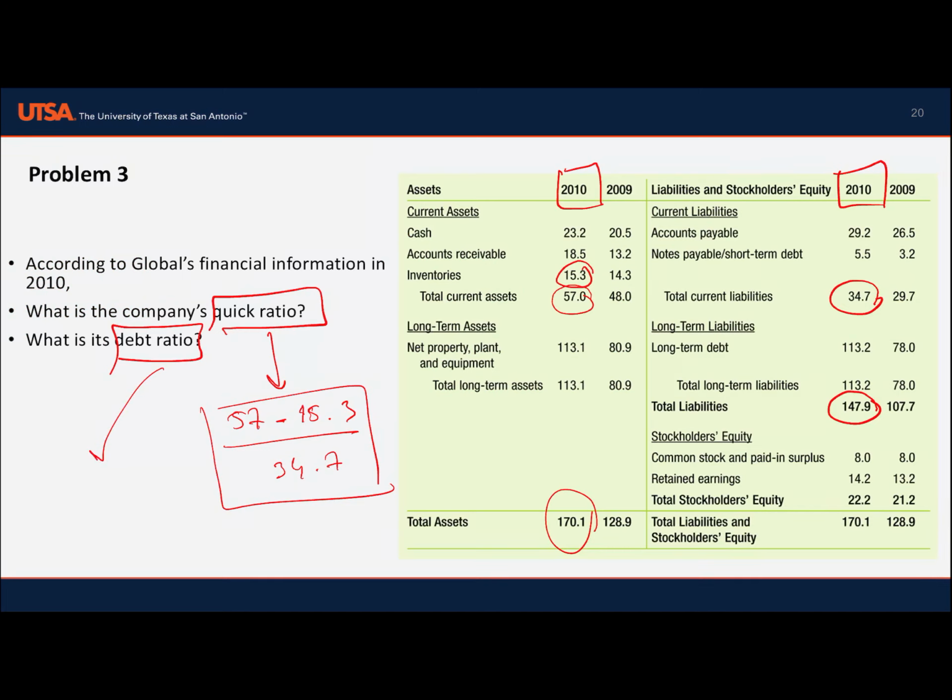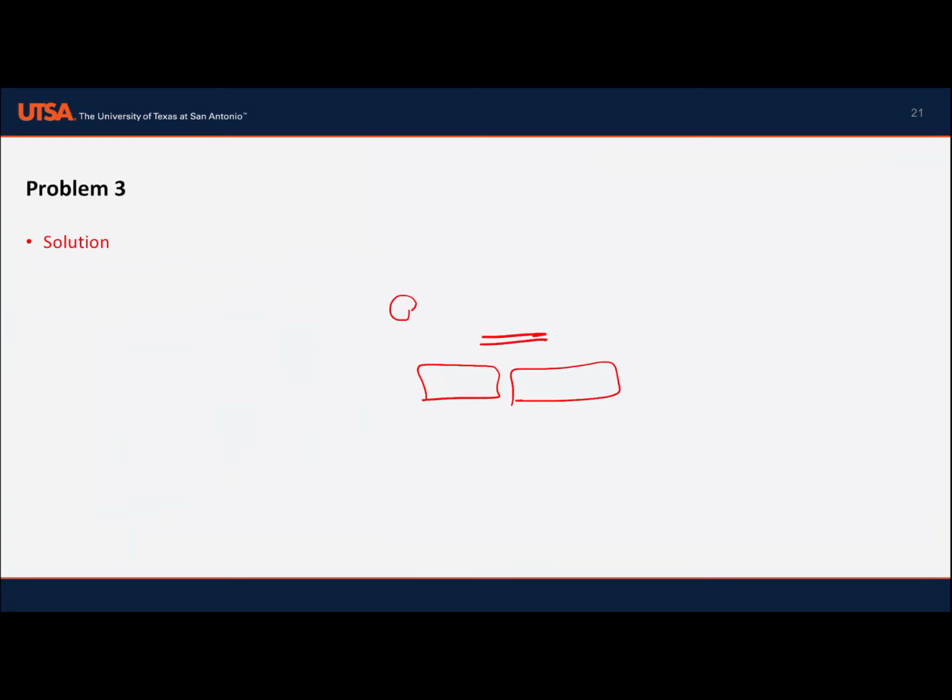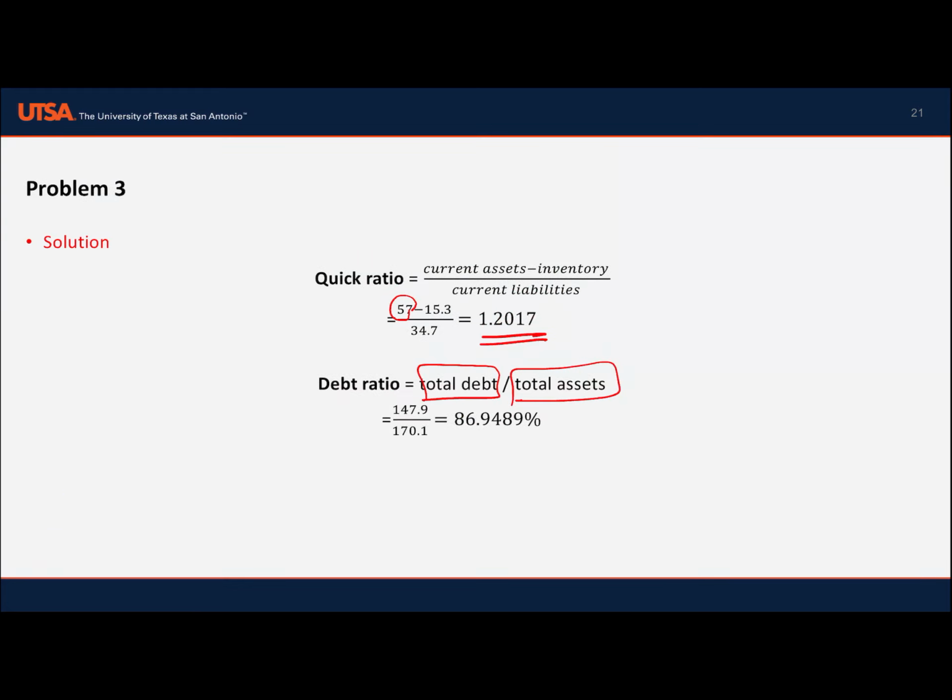So that ratio is, we'll need to look at the total liabilities here, 147.9, over total assets for 2010, which is 170.1, which is 86%.